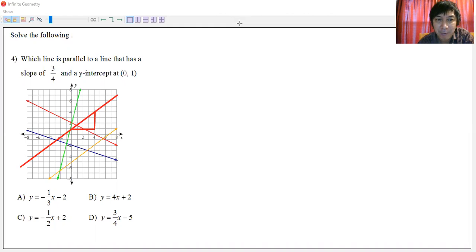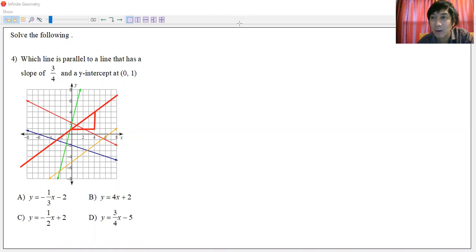Okay, all right. Now, if you're going to investigate which line is parallel to this big red line, okay, there are 4 lines in our rectangular coordinate system: the green, the thin red, the thin blue, and the yellow. Okay, so which line?